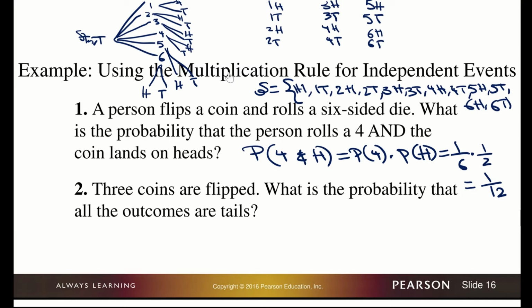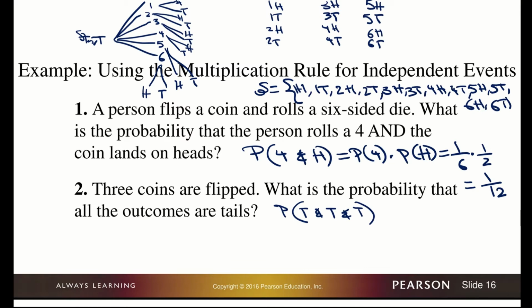Okay, I'm hoping you're coming back after a long pause where you figured this out. So remember, we're interested in the probability of all the outcomes being tails. So tail and tail and tail, right? Notice that the events are independent. When you flip a coin once, the outcome of that flip has no effect on any other flip, right?